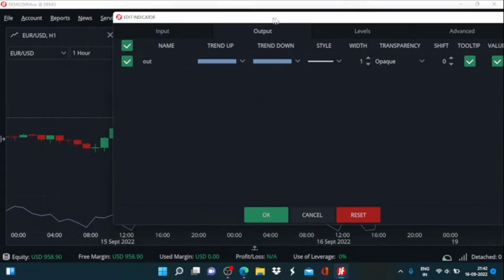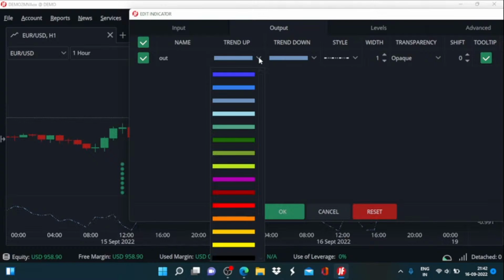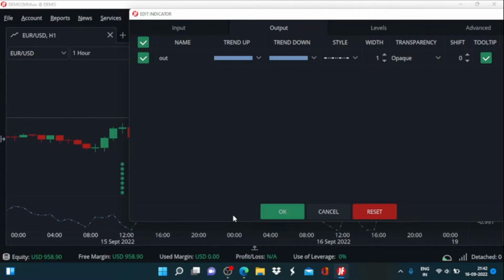Now coming to its plotting, you can simply go for this simple blue line, or you can go for a bit of styling. All these color combinations and various ways to plot these indicators are available to you. If you want, you can go for different color combinations for both trend up and trend down.